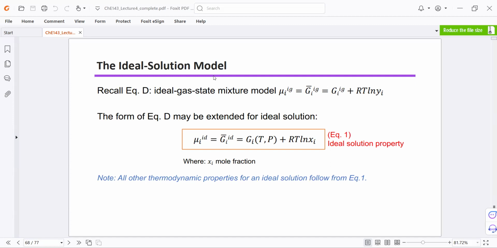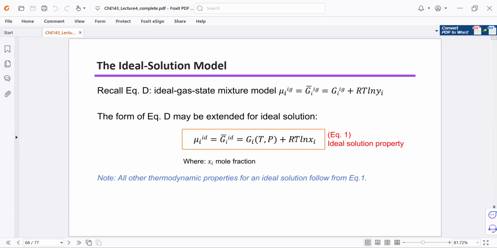All right. So remember, we have this equation from the ideal gas model for the chemical potential. We can extend this equation for the ideal solution.